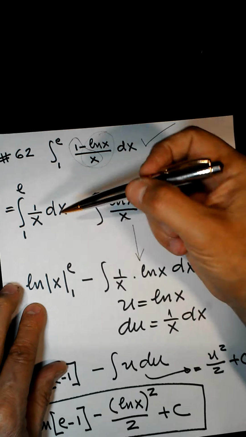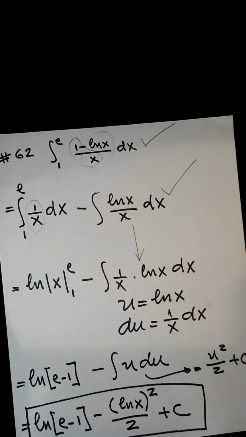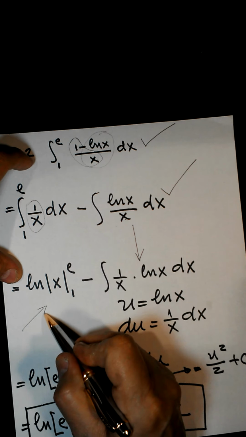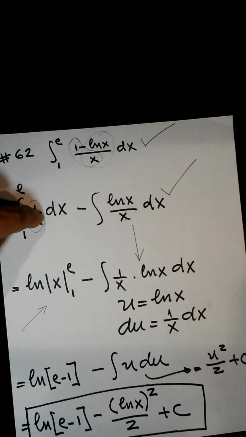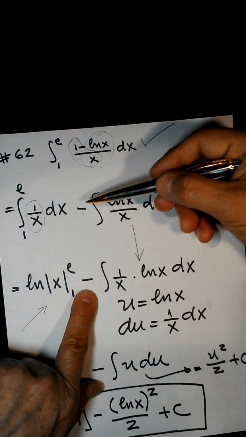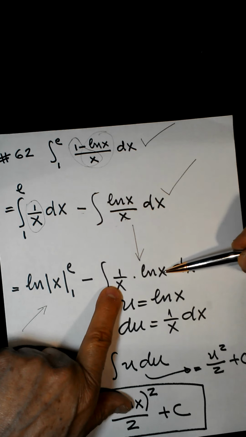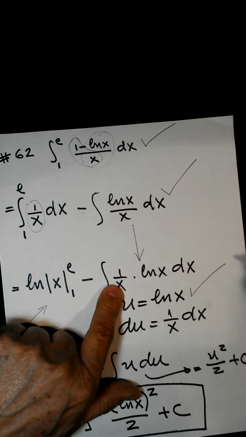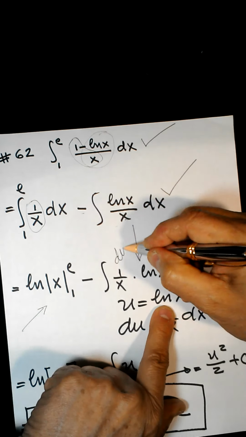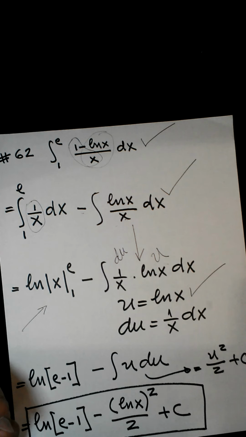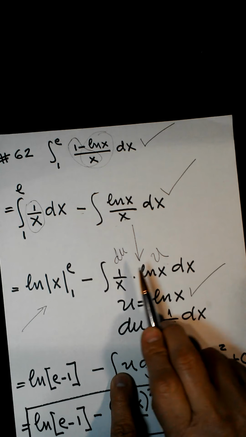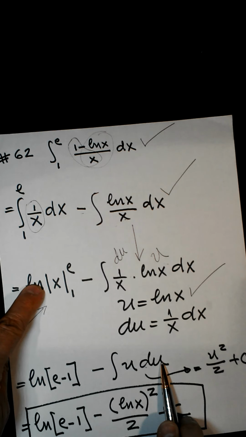Note that in the first integral, you are integrating the derivative of log natural, therefore you go up to log natural. Because the integral is of a derivative, you climb up to log natural from 1 to e. Minus, now this integral you're rewriting. At this moment, you can call log natural of x u. So this piece is u, this piece is the du, and they are sitting right there. So now what you get is u du. That integral was solved.